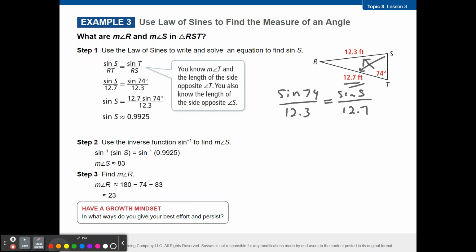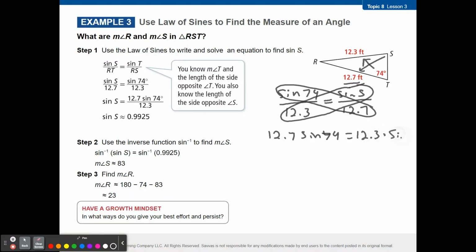All right. So I'm going to cross multiply. So this will be 12.7 times the sine of 74 degrees equals 12.3 times the sine of S. I will then divide both sides by 12.3 because my goal is to get the sine of S by itself.